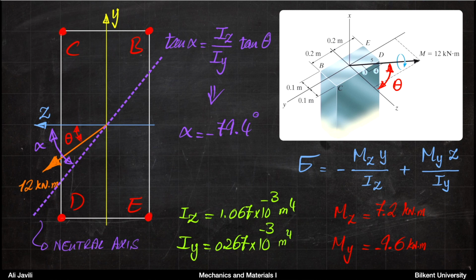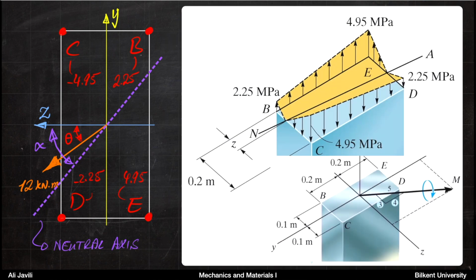So basically, this is what you were asked to do. But if you want to also illustrate that, you can illustrate it like this. The stress distribution would look like that. So on corner E, if you remember, we had plus 4.95. On corner C, we had minus 4.95.